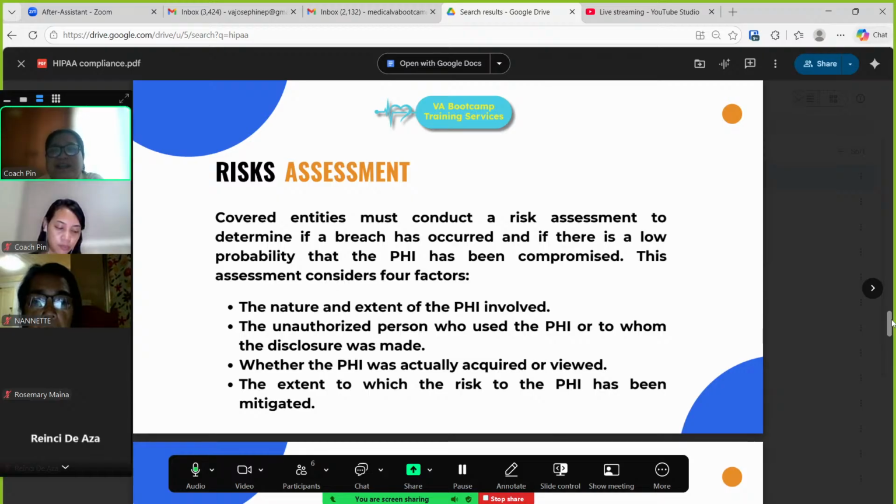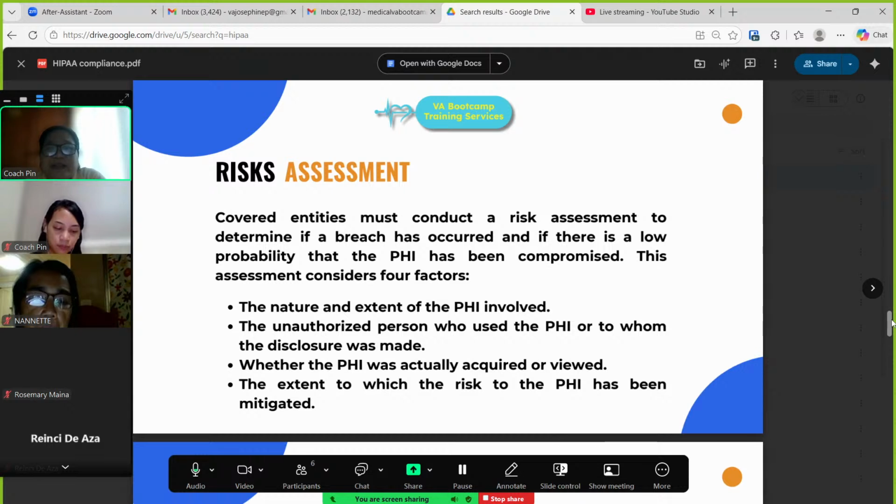So, covered entities must conduct a risk assessment to determine if a breach has occurred and if there is a low probability that the PHI has been compromised. This assessment considers four factors. What are those?